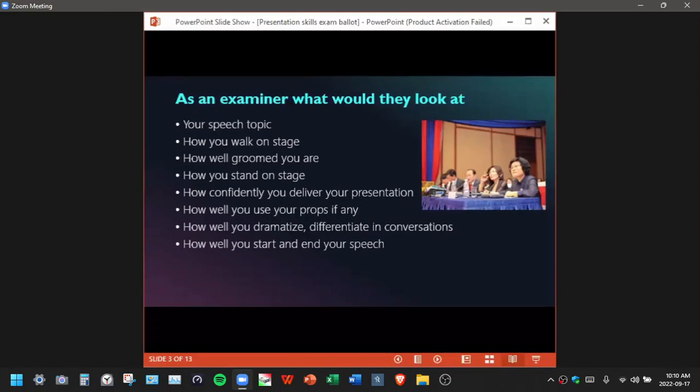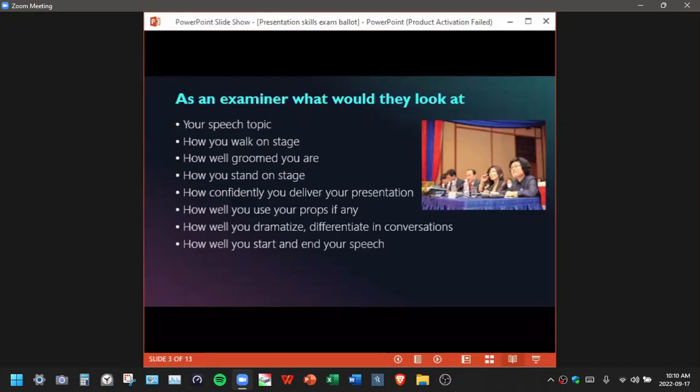So make sure you look professional, and the way you stand in front of them, and your confidence level, because we can clearly identify whether you are prepared or not just by looking at you. And whether you use any props.